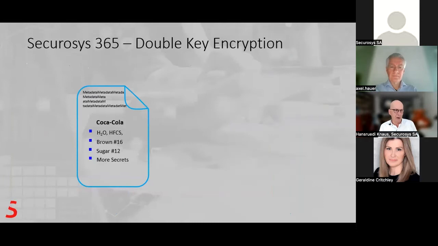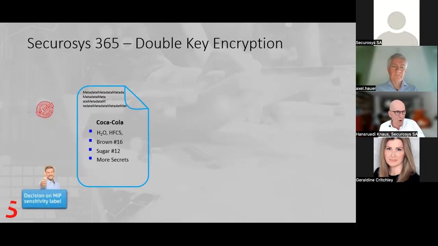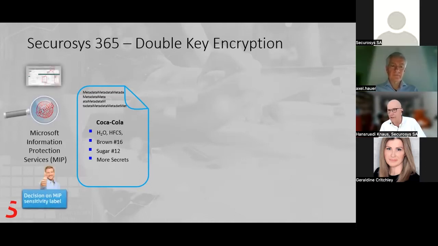Let's have a look at how it's done together. So we had a look at the client side, and now we had a look at the service side, and now we get to look at what happens to the document or the file. First, you have that Coca-Cola secret. So if you are Coca-Cola, you never want somebody to ever look into that recipe.